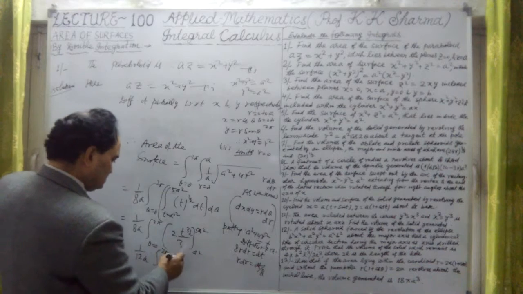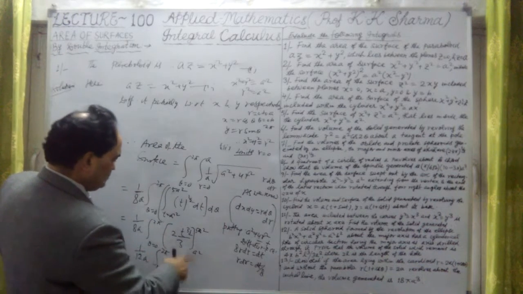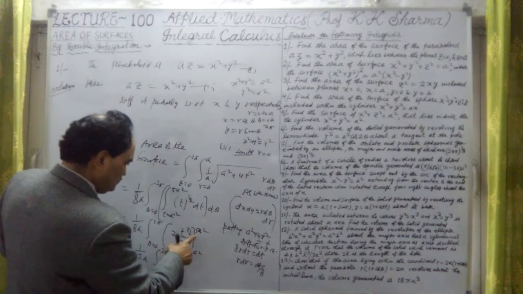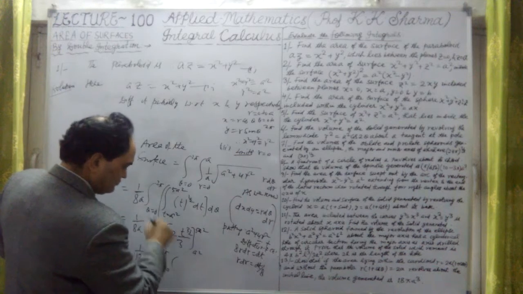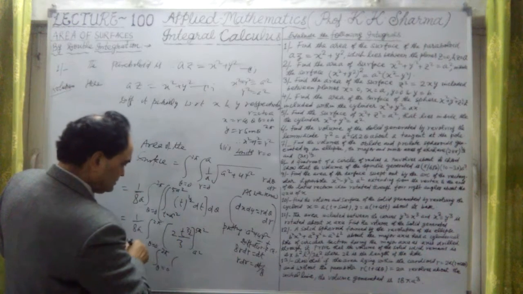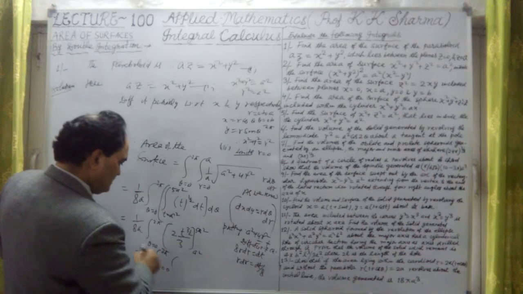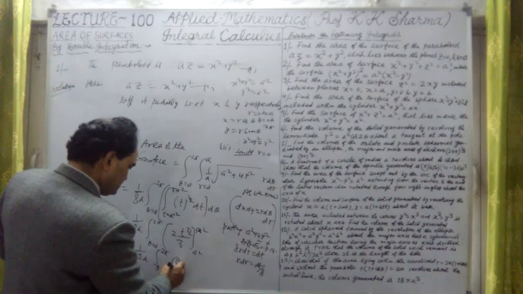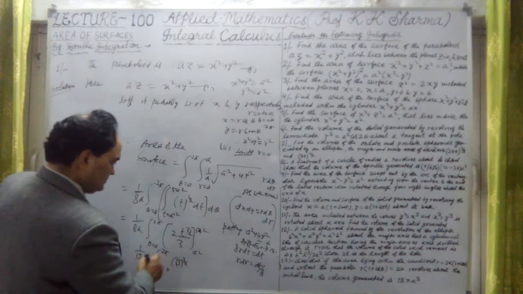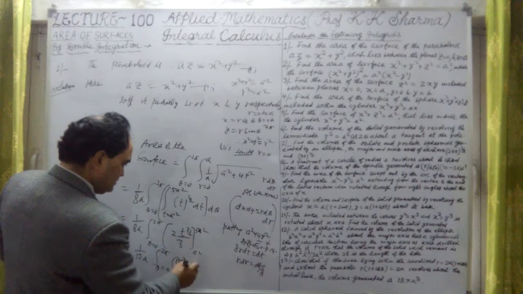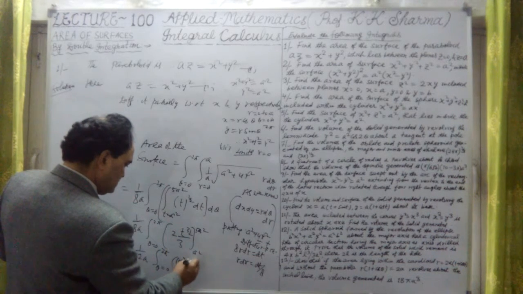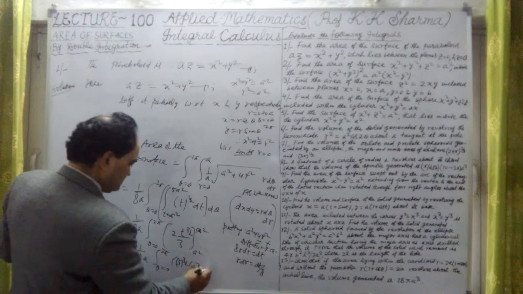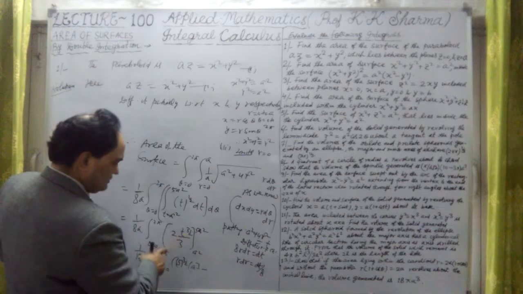Now substituting the value a square to 5a square. If I put 5a square here, so 2 cancel out. So 5 raised to the power 3/2 we will take outside, and aq will come out. It will be 5 to the power 3/2 aq, then minus, here a square, if I substitute, this will be aq only.